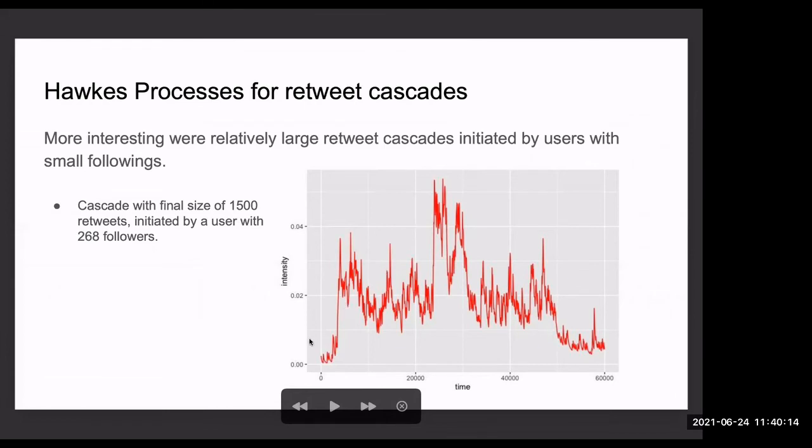Here, intensity is on the y-axis. It starts out pretty slowly, and then something happens here that increases the intensity a lot. And there's another spike here. So something seems to happen here, and what could that be?